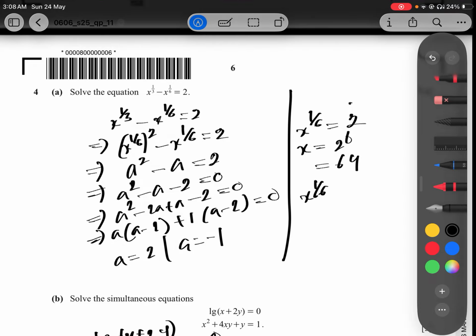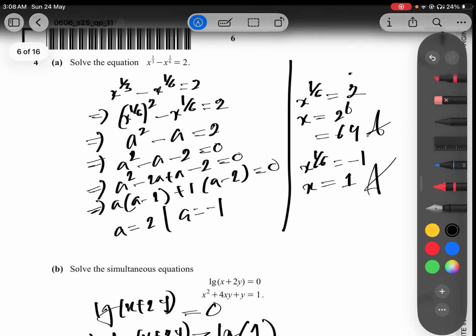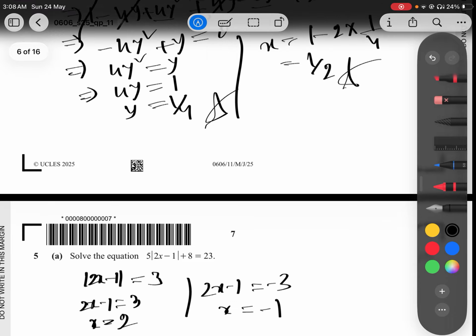And x to the power 1 by 6 is equal to negative 1, so it would become a positive 1. This and this. Oh my god, I cracked it.